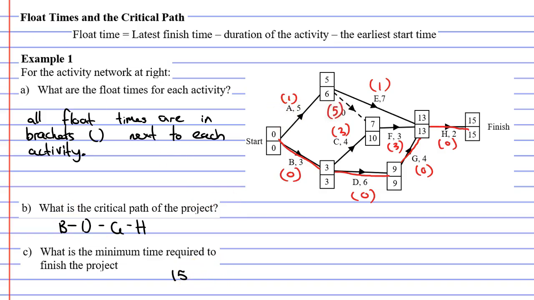If you really want to, you can write 15 units because you don't know what the units are. There is another method you can use to find the minimum time required to finish the project. If you follow the critical path and add up the duration of each activity, you'll get 15 as well. 3 plus 6 is 9, 9 plus 4 is 13, and 13 plus 2 is 15.